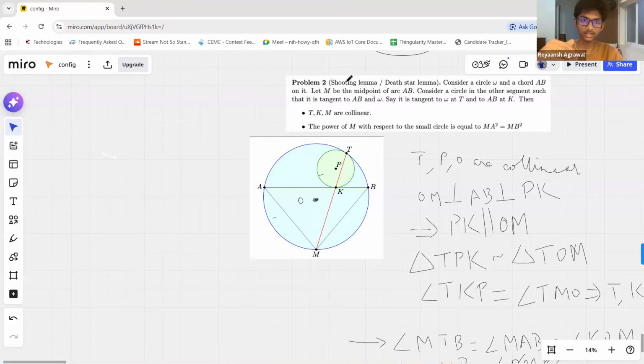So under this homothety, K would be mapped to M because it's at the same position with respect to the other points. Is that fine? The idea is that PK is parallel to OM, and under a homothety the new line becomes parallel to the old line. That's the main reason.